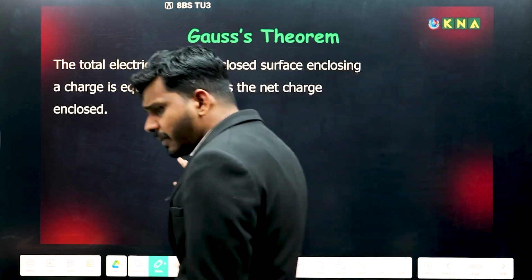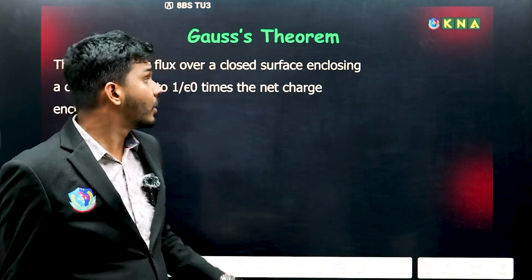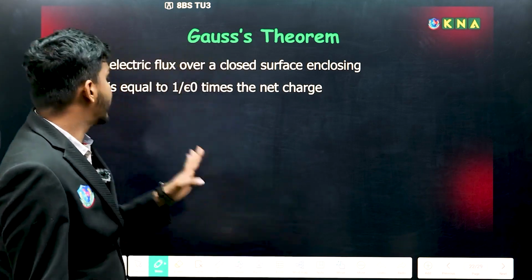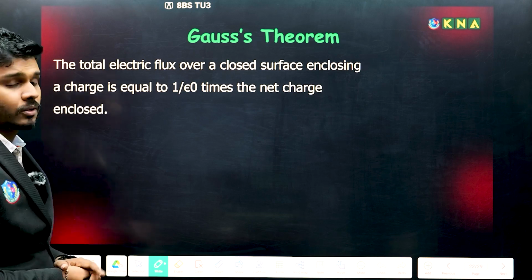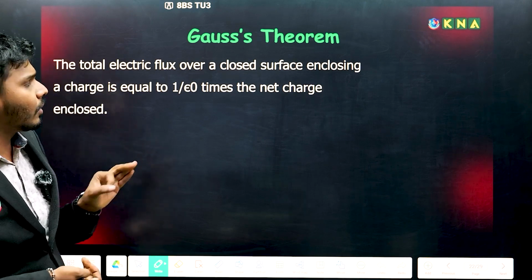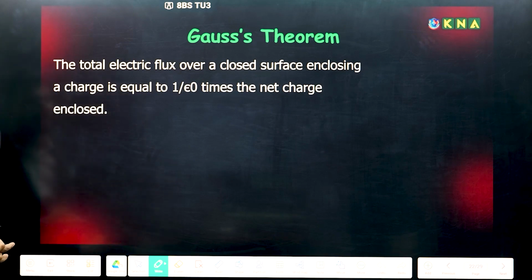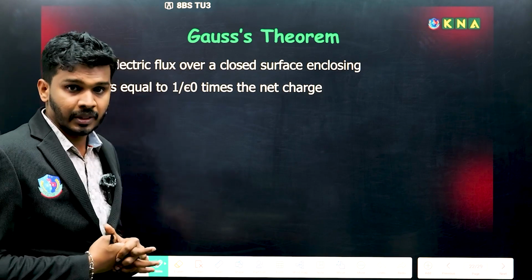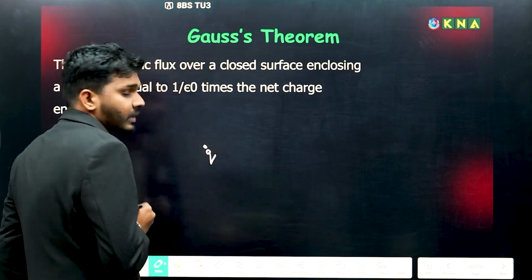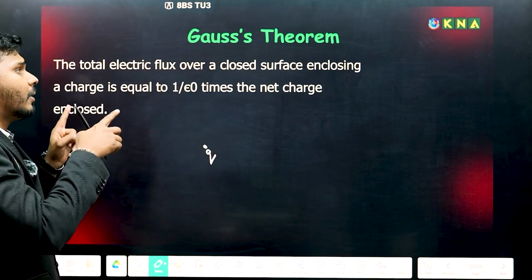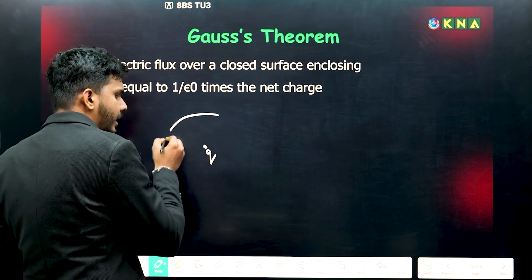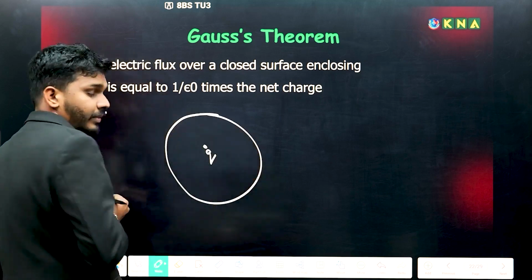The next very important topic is Gauss's theorem. What is Gauss's theorem? Total electric flux over a closed surface enclosing a charge is equal to... Here, this is a charge Q. We want to find total electric flux over a closed surface. I consider a closed surface.